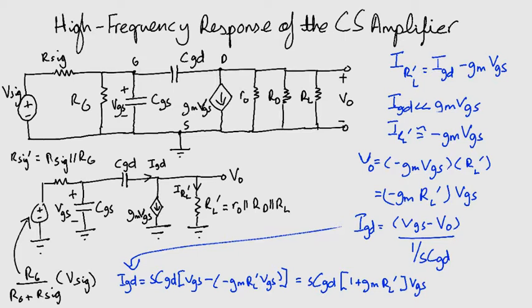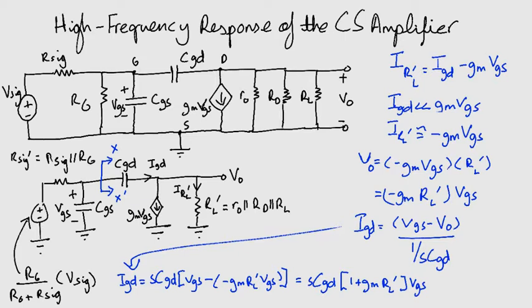Now there is another way of further simplifying the circuit. Take a look at this line X dash. The left hand side of the circuit at X dash knows of the existence of CGD only through the current IGD, correct?